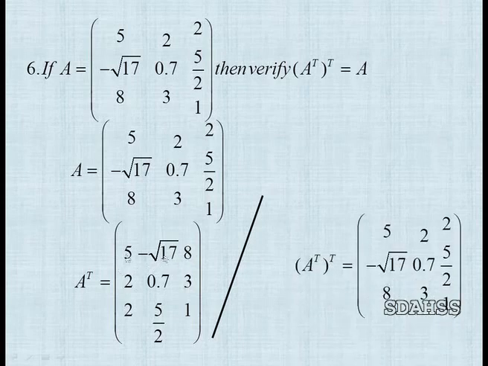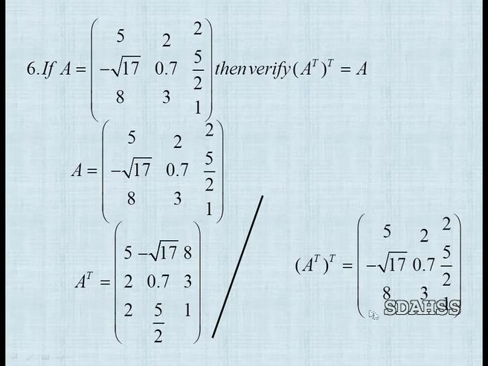Similarly, follow the same procedure. Interchange the first row into first column, second row into second column, third row into third column. Then you have 5, minus root 17, 8. Interchange the second row into second column. Then you have 2, 0.7, 3. Interchange third row into third column. Then you have root 2, 5 by 2, 1.